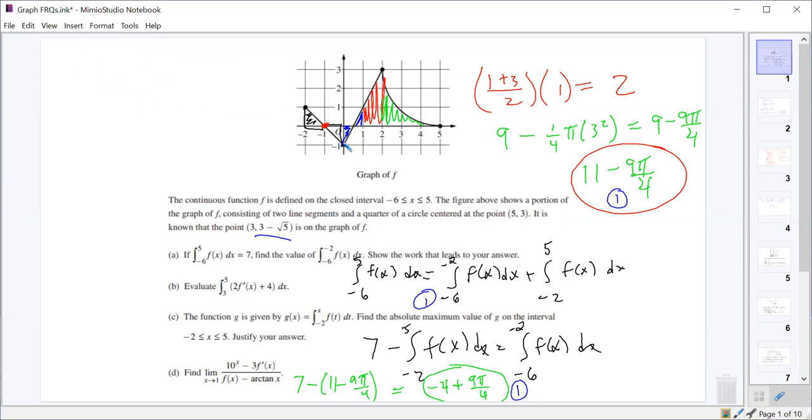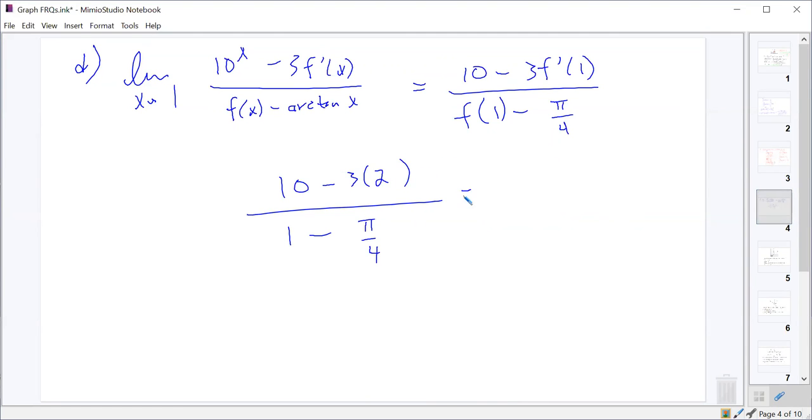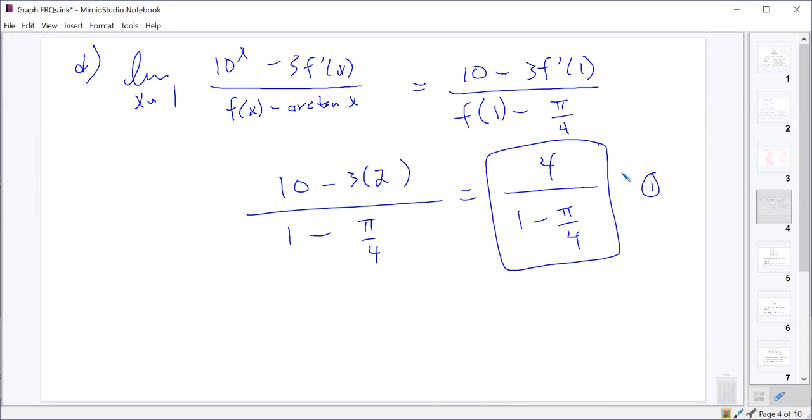The slope is a rise of 4 and a run of 2, so it's got a slope of 2. So f prime is 2. So we end up with 4 over 1 minus pi over 4. And that was worth 1 point. Good or no? Any questions on that one?